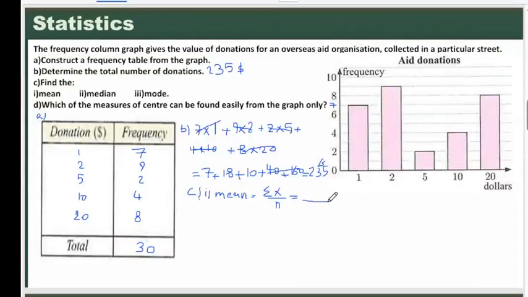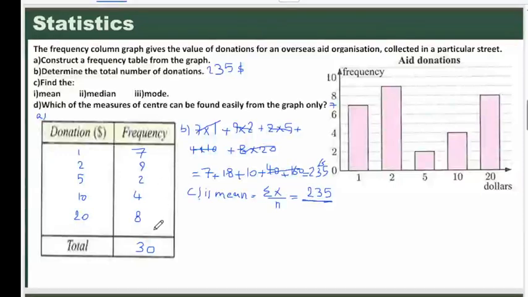Sum of all the data value I find here. So 7 times I get 1, 9 times I get 2, 2 times I get 5, 4 times I get $10, and 8 times I get 20 that I calculated for part B. So I write 235.